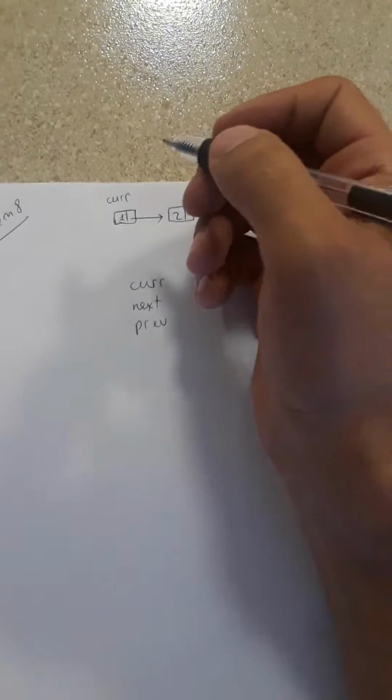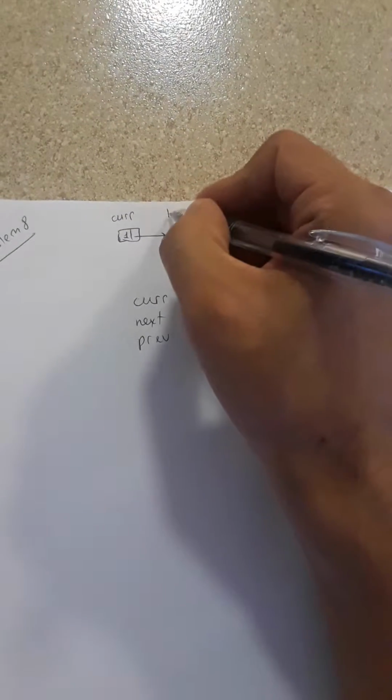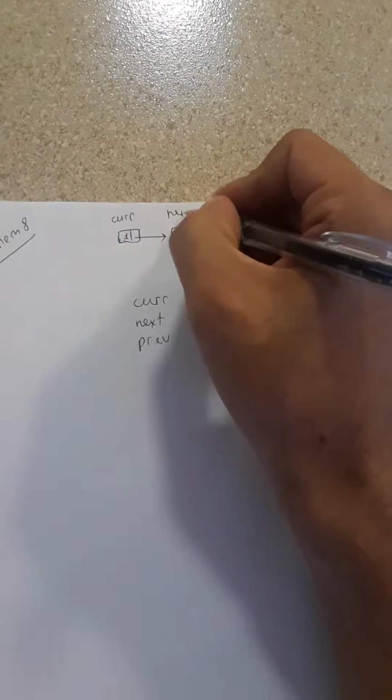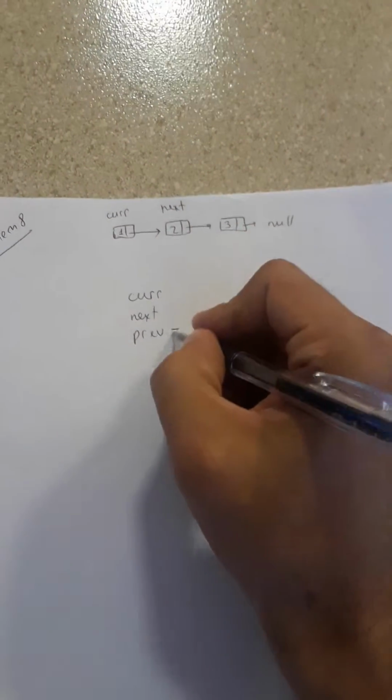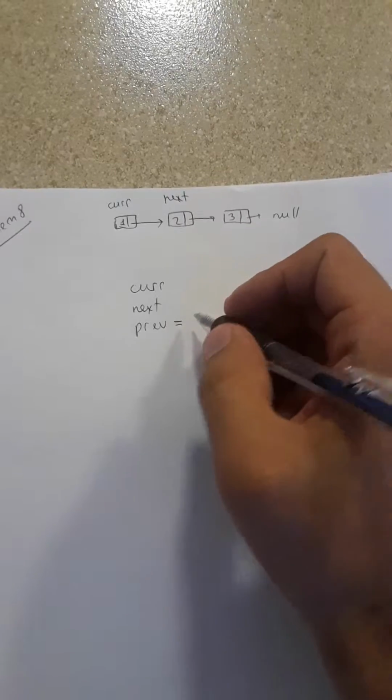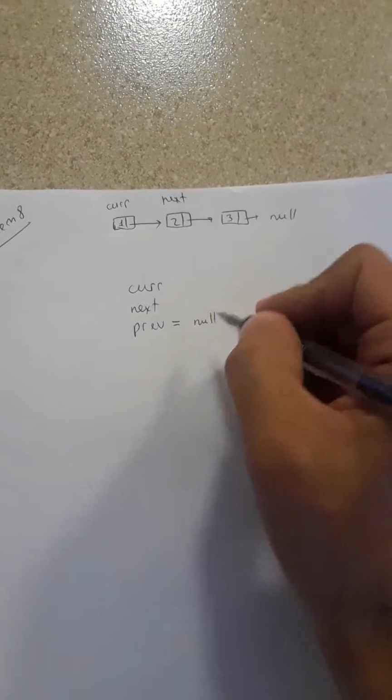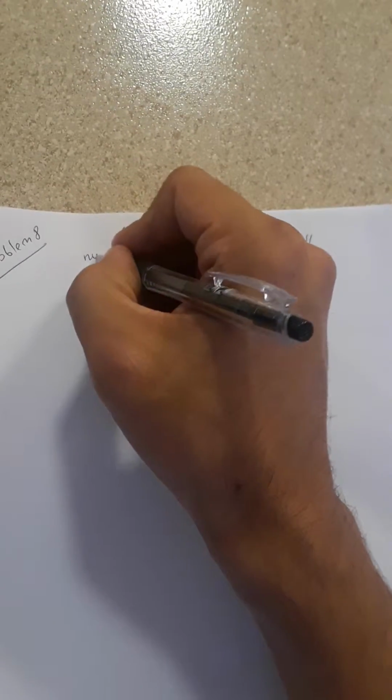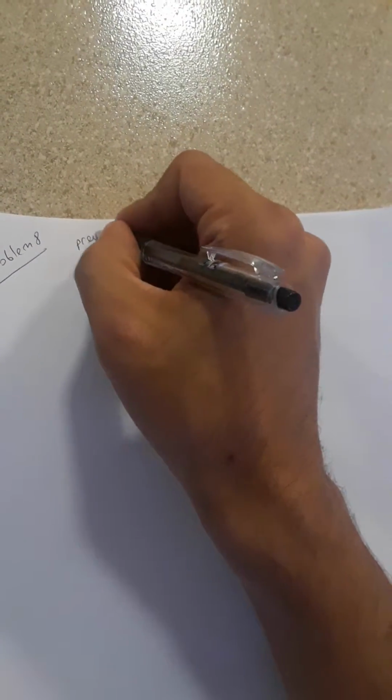Current will be pointing at the beginning, to the head node of the linked list. Next will always be pointing to the next node after current, like here, and previous will be null at the beginning and will be a new separate node at the beginning.